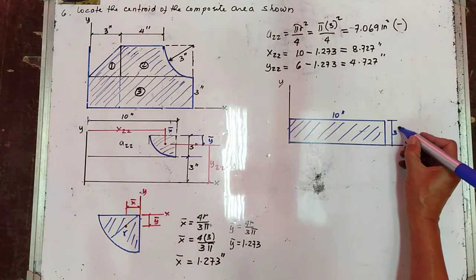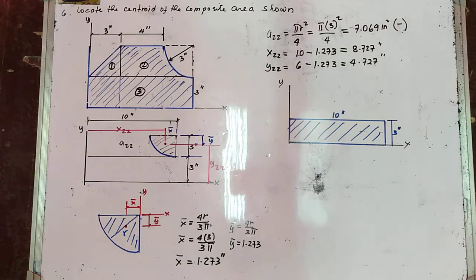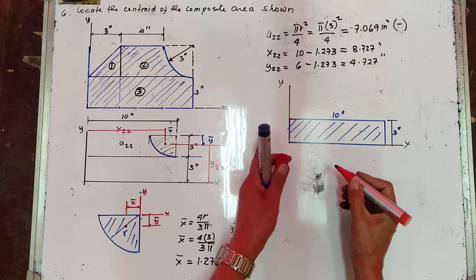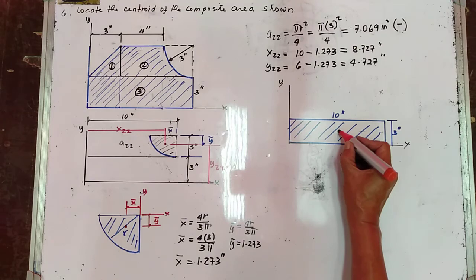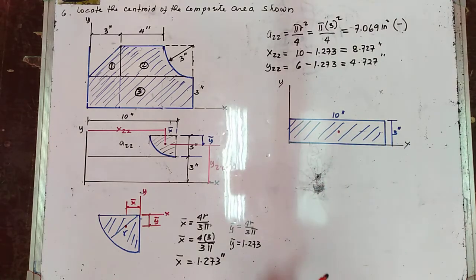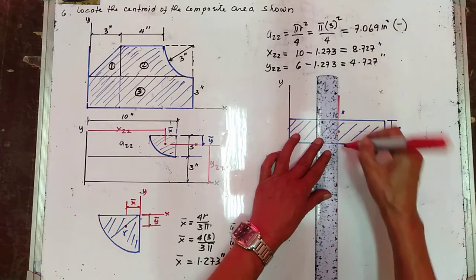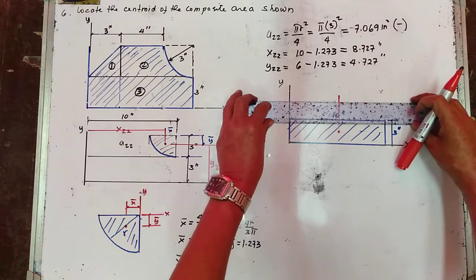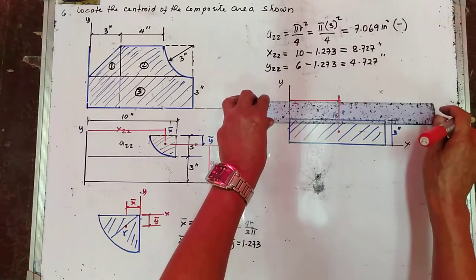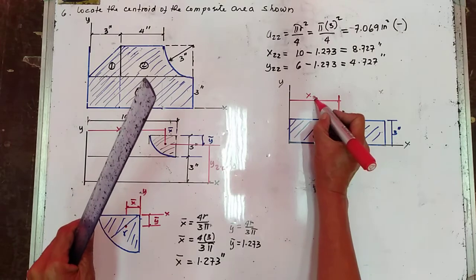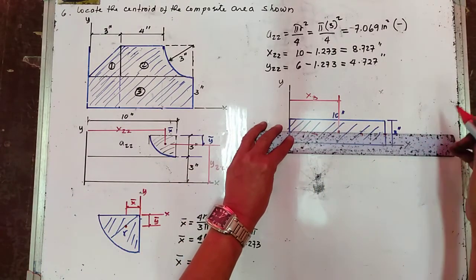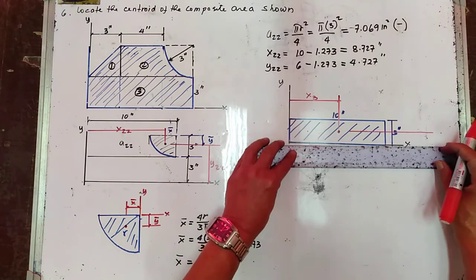Now this centroid is located at b over 2 from the y-axis and h over 2 from the x-axis. So this is the centroid of this rectangular figure, with x sub 3 and y sub 3.